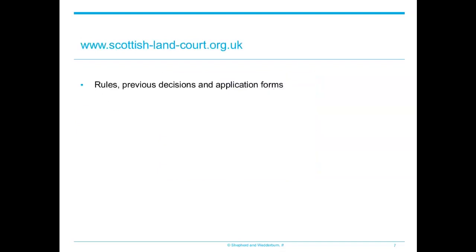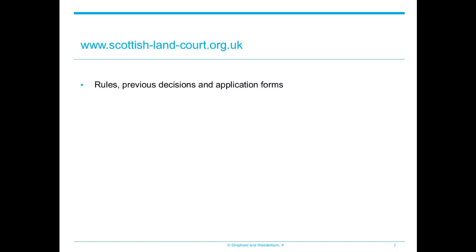Something to copy and paste into your browser as a favourite is the Land Court's website, www.scottish-land-court.org.uk. The website has a wealth of information in relation to the operation of the court. It includes its detailed procedural rules, about which I'll say something in a moment.